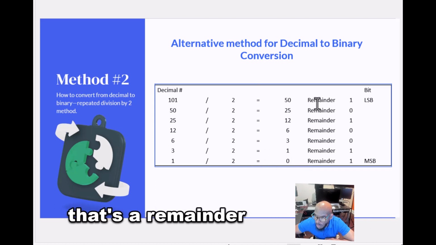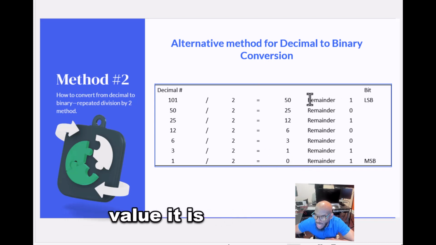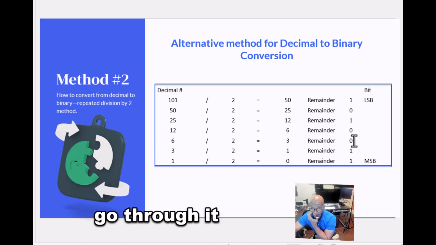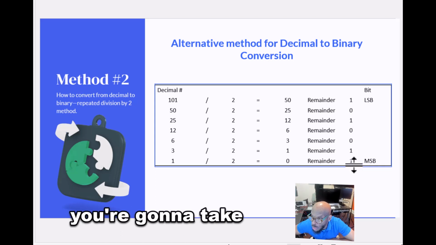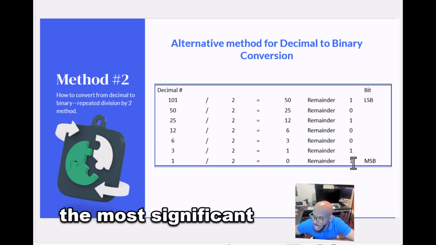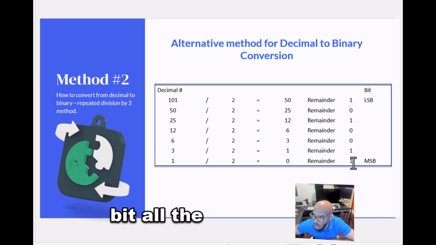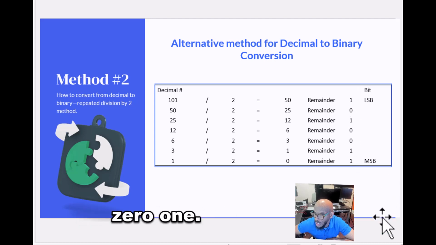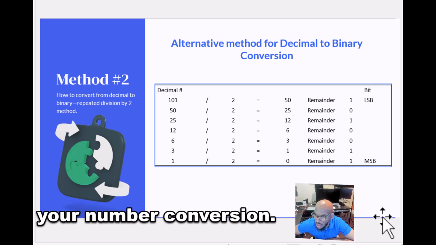Then for everything that's a remainder, no matter what value it is, you make it a 1 if there is a remainder. You make it a 0 if there is no remainder. Okay, so you're going to go through it like this. And when you get through, you're going to take the most significant bit, which is the bit all the way to the left, and then you're going to write this number, 1100101. And that'll be your number conversion.